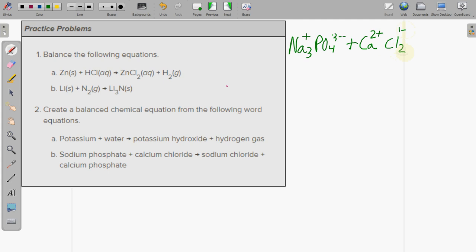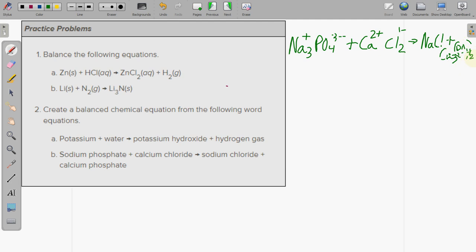So the CaCl2 produces sodium chloride, NaCl, plus calcium phosphate, and calcium is still 2 plus, phosphate is still 3 minus, so it's going to be Ca3(PO4)2, right?